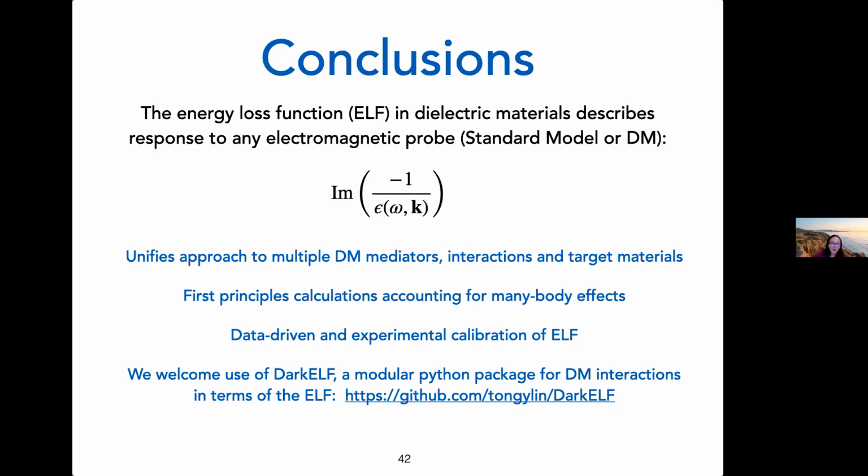Depending on the kinematics of what you're studying, if you need higher energy or higher momentum, you might be better off using an atomic approach, because then you're at scales where the semiconductor details are less important.